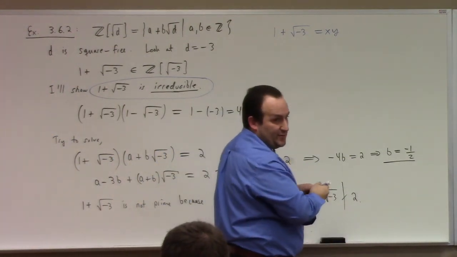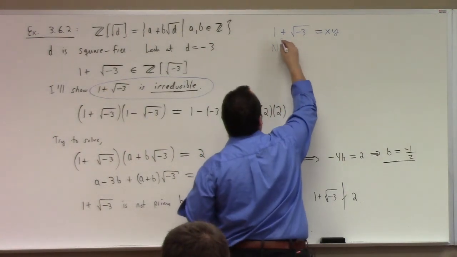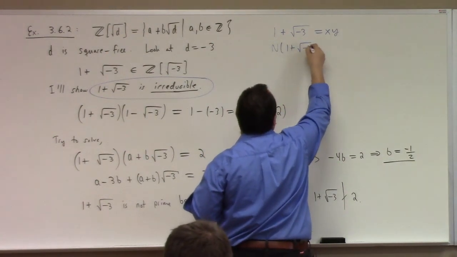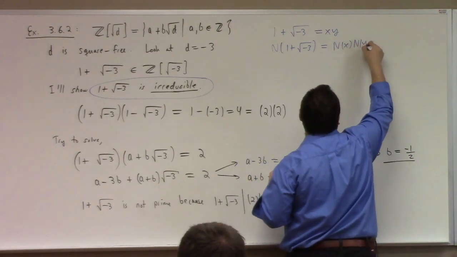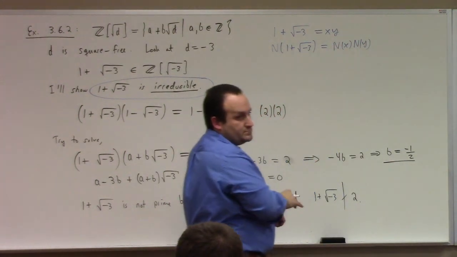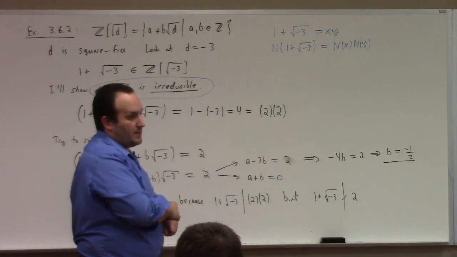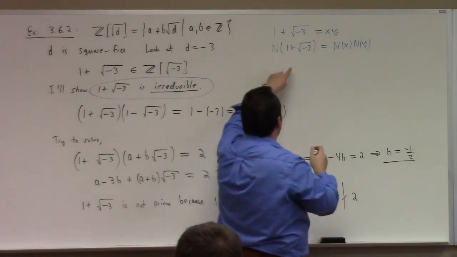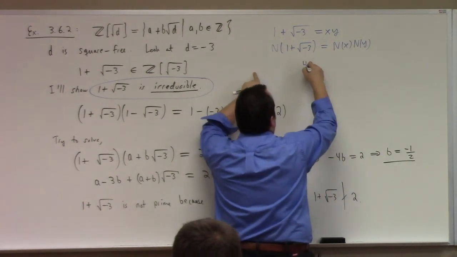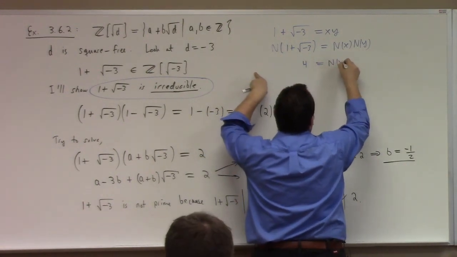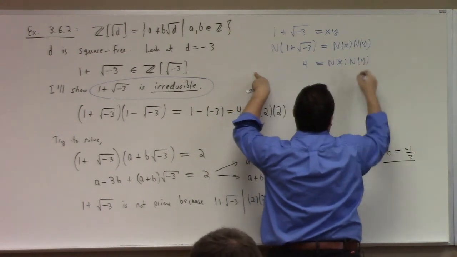Then we feed that to the norm. The norm of 1 plus the square root of minus 3 is equal to the norm of x times the norm of y, right? And this is what? Well, we just worked that out. So we get 4 is equal to the norm of x times the norm of y.